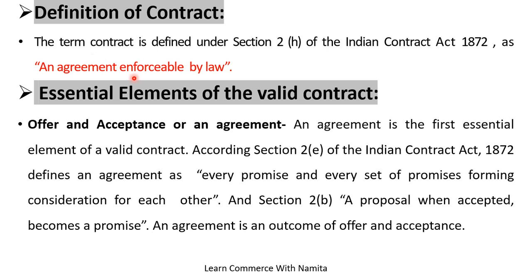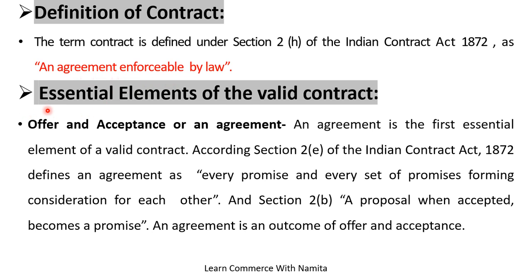Now here B refuses to make the payment to A. Now here A, who is the seller, can file a case against B in the court. So this agreement is enforceable in the court. That's why it is called a contract.